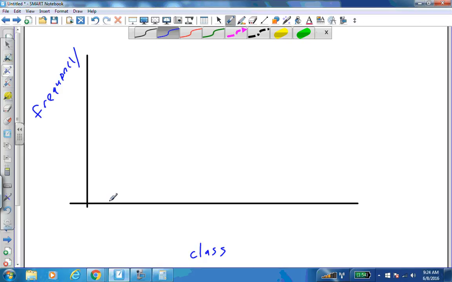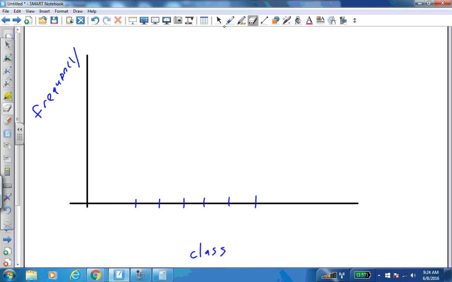So we could let this be our first class, second, and let's actually skip over. This will be our first, second, third, fourth, fifth, and sixth. I put this in there. Don't have to necessarily put that, but that just means there's a break.